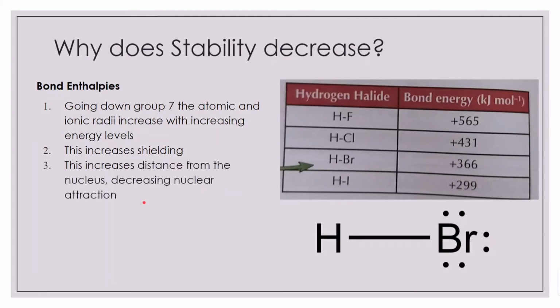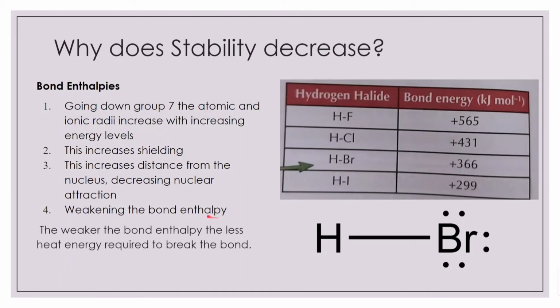And as we increase the radius, we're also increasing the distance from the nucleus. So this decreases our nuclear attraction altogether. This increase of shielding and increasing distance, decreasing our nuclear attraction, all helps to weaken the bond enthalpy as you go down the group.